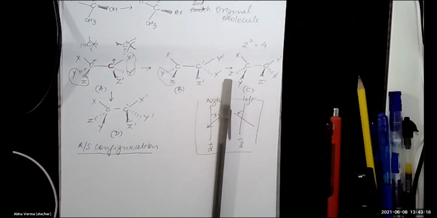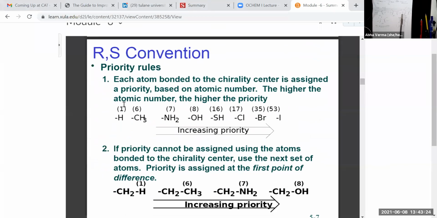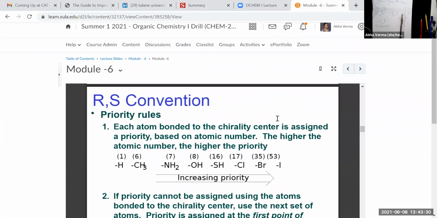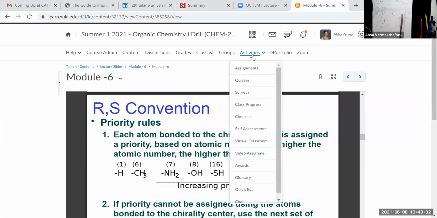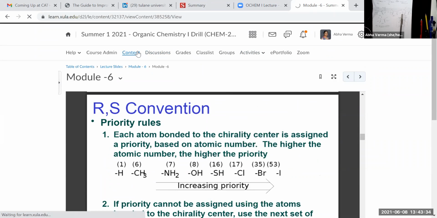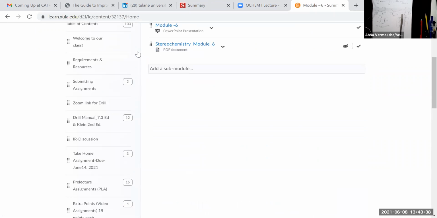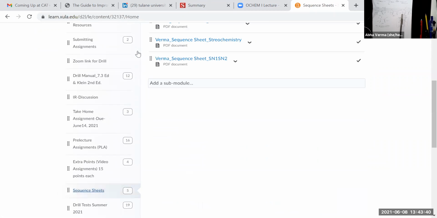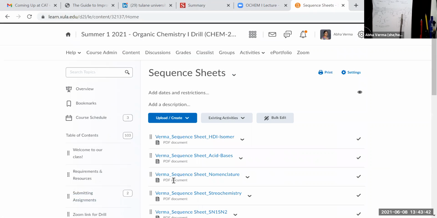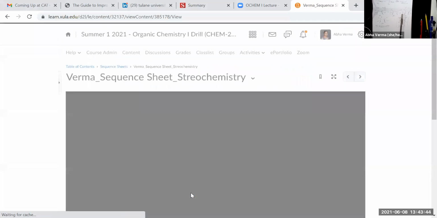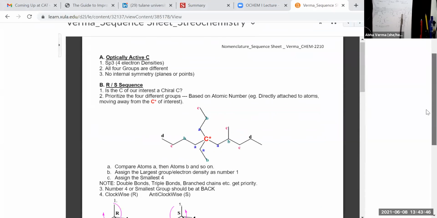All right, so to look at this, I'm going to go back to our sequence sheet. On our sequence sheet, we will see the sequence of how to figure out R and S.